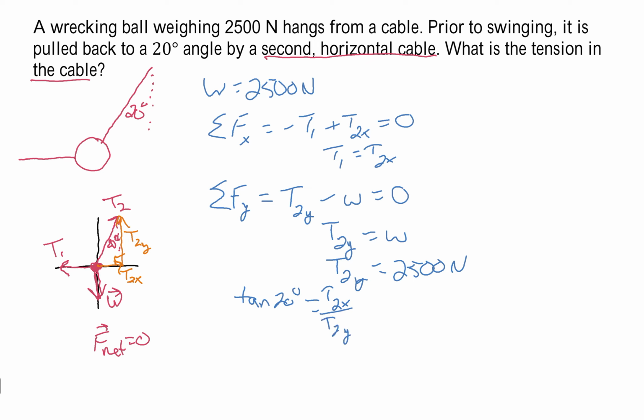Okay? So I'm just going to solve for T2x before I plug anything in. So I have T2x, which by the way is T1, so I'm just substituting that in right now, equals T2y. Multiplying on both sides here gives me T2y tangent 20.